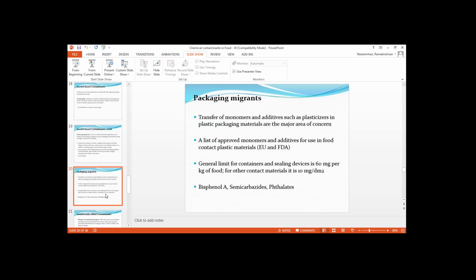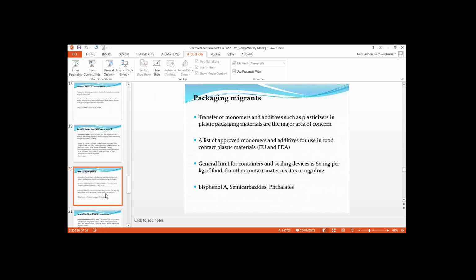Packaging, in fact, I think they're basically chemicals, and in most cases, the level of transfer is extremely low, but that doesn't mean they don't occur. A variety of chemicals have been found in food products as a result of migration. And transfer of monomers and additives such as plasticizers from plastic packaging materials are the major areas of concern.